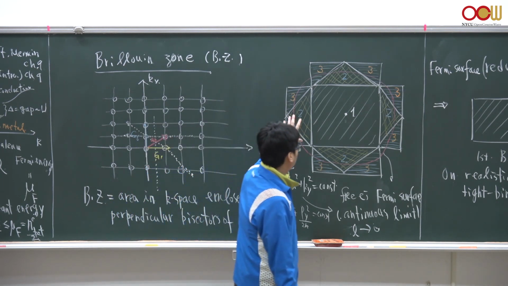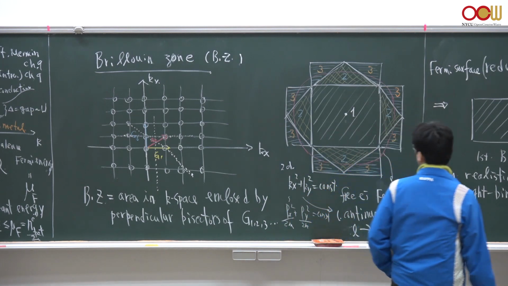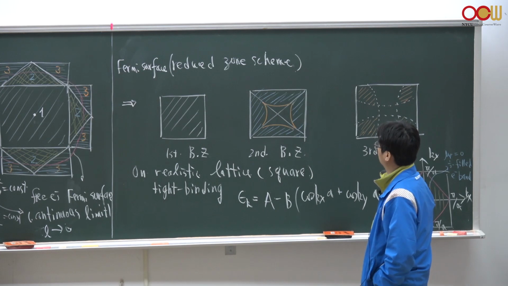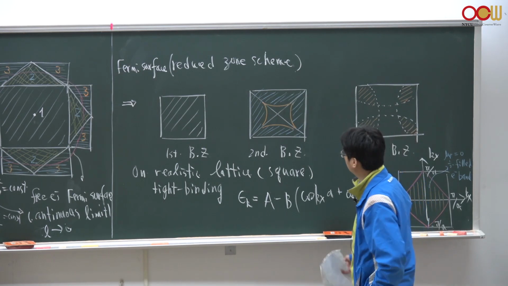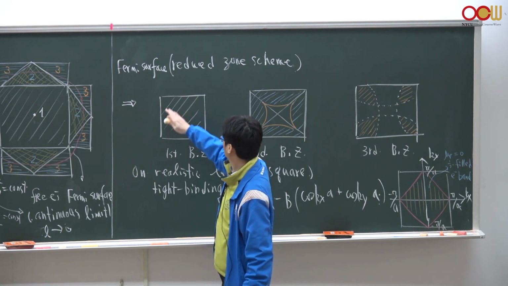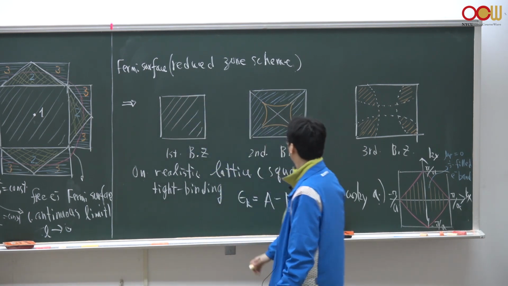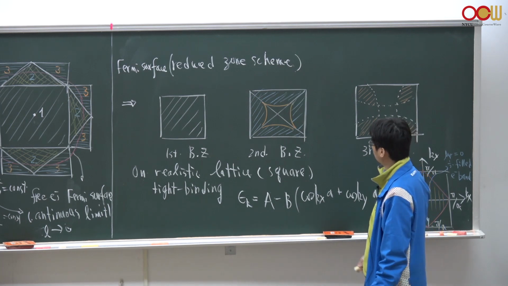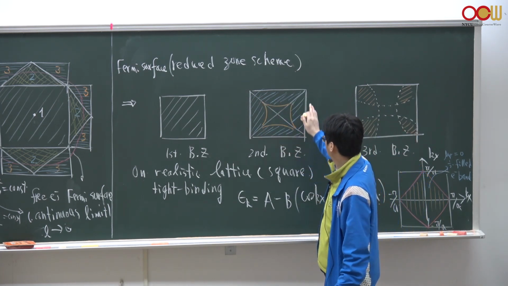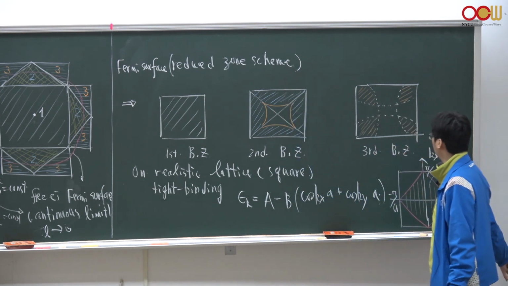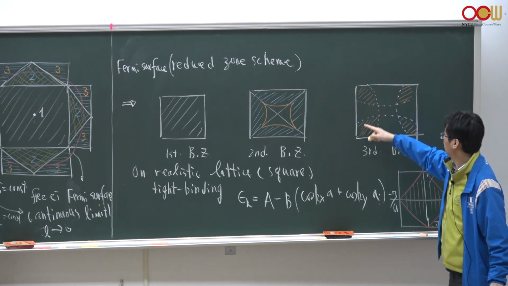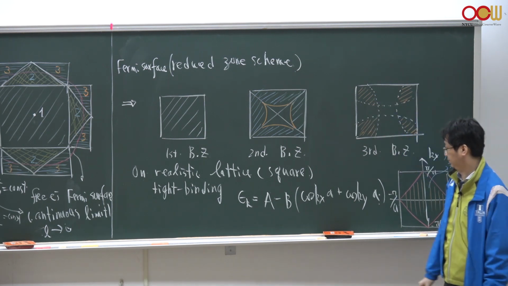And you could very easily map out all this Fermi surface in the reduced Brillouin zone scheme, which means that in the first Brillouin zone, the occupied states within the Fermi surface form a square, and the second Brillouin zone, with the occupied states within the Fermi surface, is the shape shaded by the blue, and again the third Brillouin zone with the occupied states is indicated by this shaded orange.